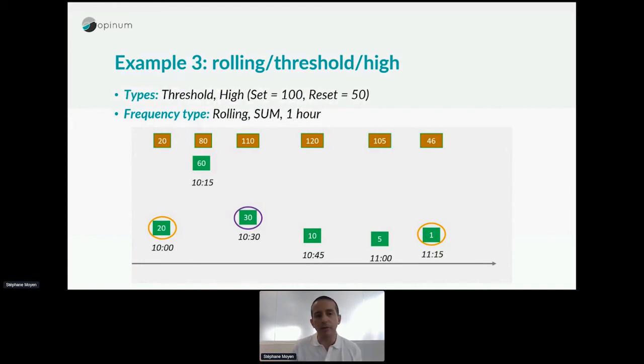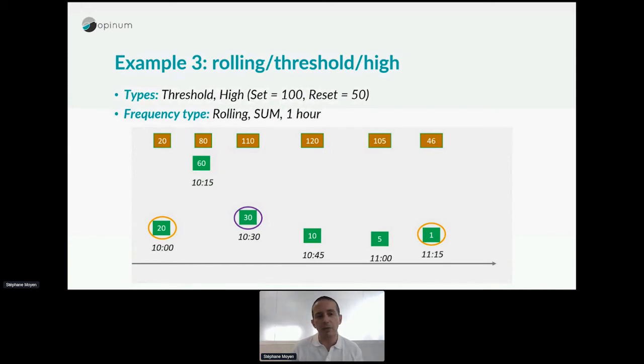I have here an example with an alarm which is set at 100 for the set value and a reset value of 50. So as you can see, the first value at 20 here, since it's below the reset value, will set the status of the alarm to reset.